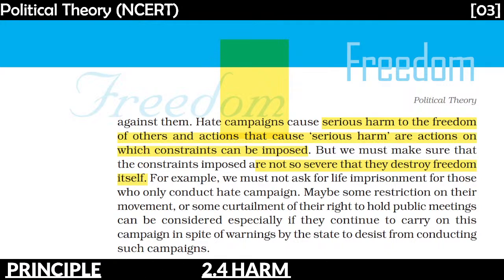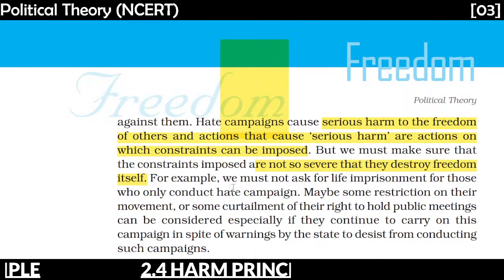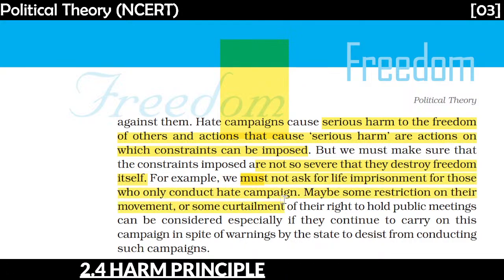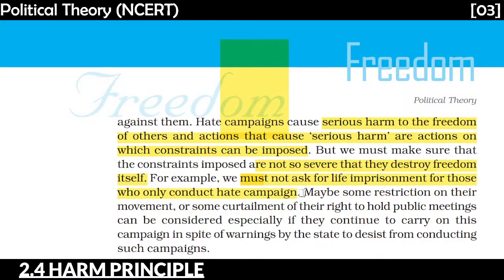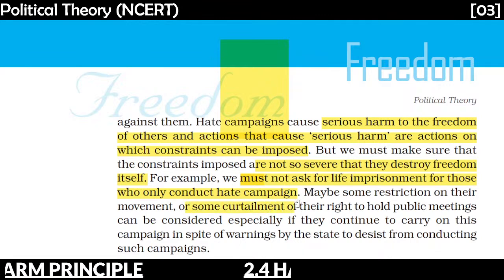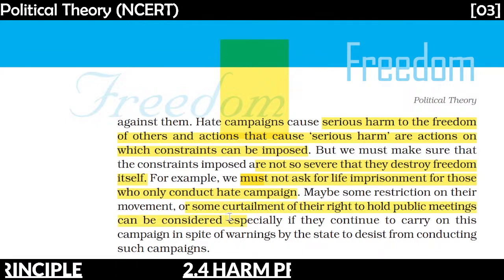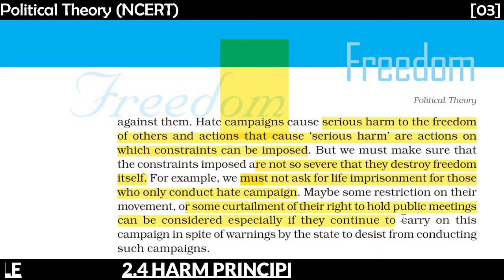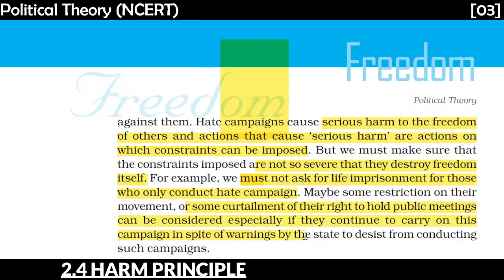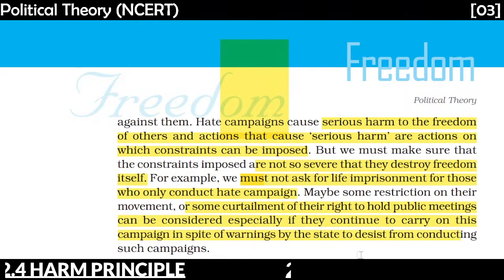For example, we must not ask for life imprisonment for those who only conduct hate campaigns. Maybe some restrictions on their movement or other containments, or limits on public meetings, can be considered, especially if they continue to carry out such campaigns in spite of warnings by the state.